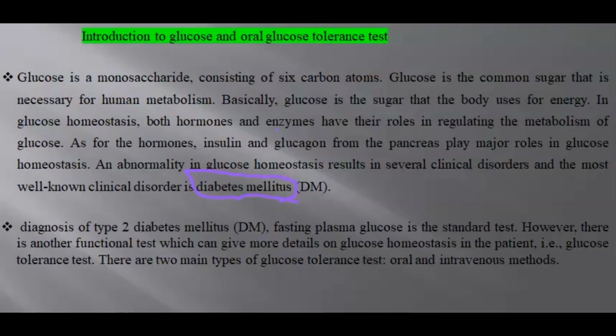Then what is this diabetes mellitus? We say that diabetes mellitus is one of the disease conditions in which the blood glucose in the body is not regulated.